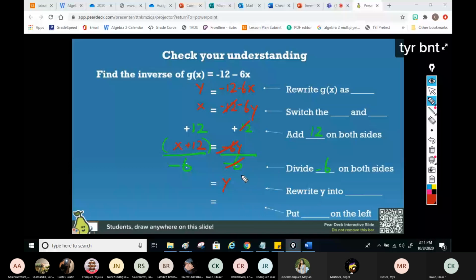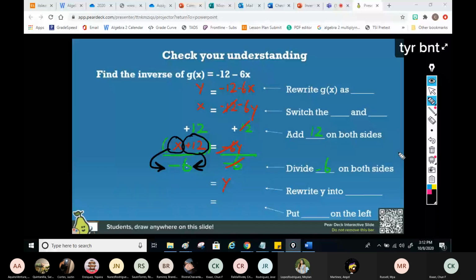All right, and then this is the problem. Most of you guys start to get messed up right here. So right here, that is the problem. Remember I was telling you guys, both terms need to share the divided by negative 6.